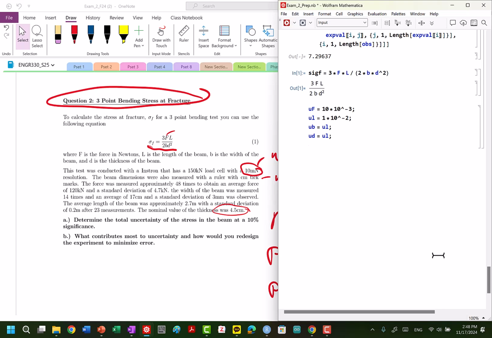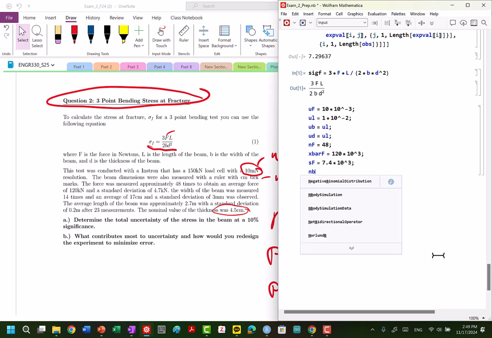We also have number of force measurements, which is equal to 48. I have an x bar F, which is equal to 120 times 10 to the third. We have an S F, which is going to be equal to 4.7 times 10 to the 3. We have the width of the beam was measured, so number of B width is equal to 14.